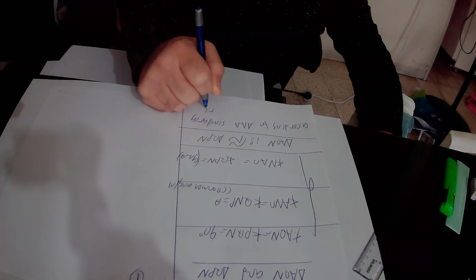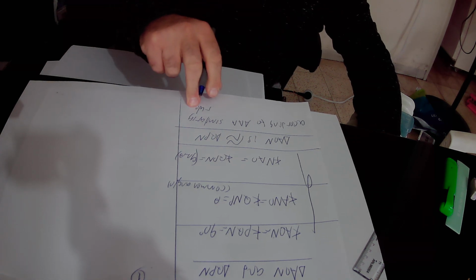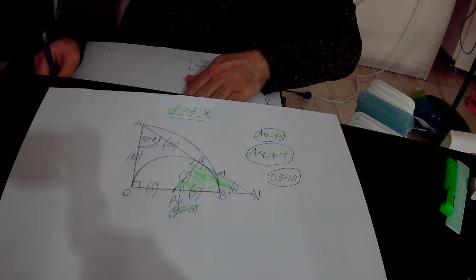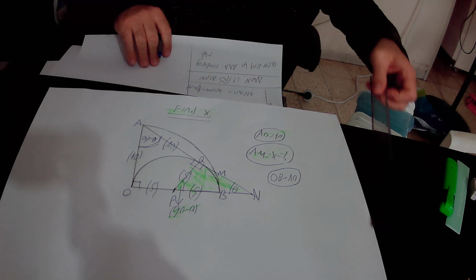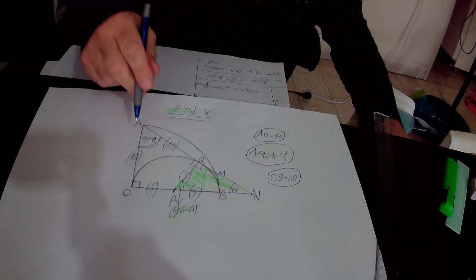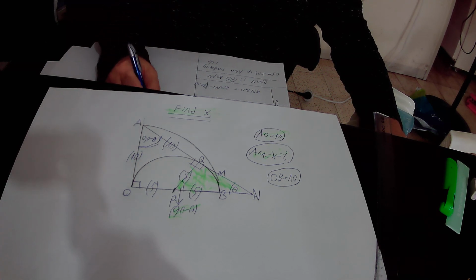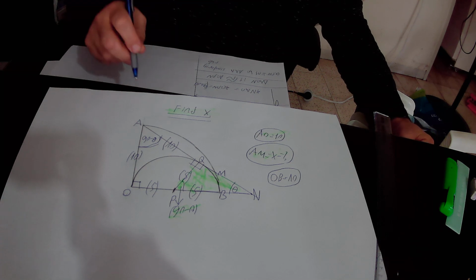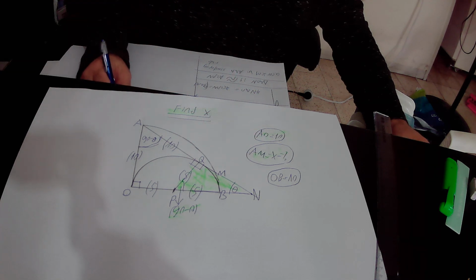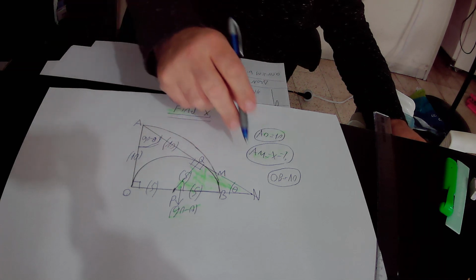And from the fact that those two right triangles are similar to each other, we derive that the following relationship exists between their sides. We derive that side AO in the big triangle AON over side QP in the green triangle equals side AN in the big triangle AON over side PN in the green triangle.